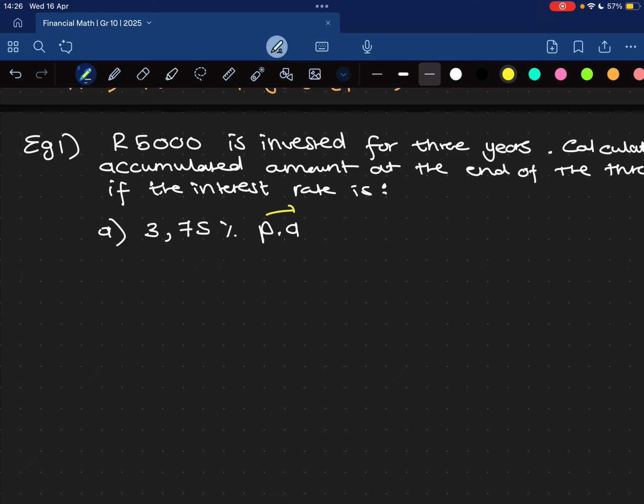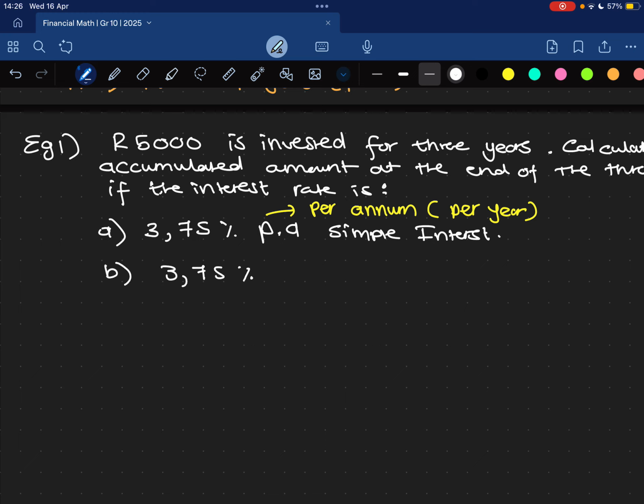So this is per annum, which is the same as per year. Simple interest. And the second one is the same, 3.75% per annum, compound interest.